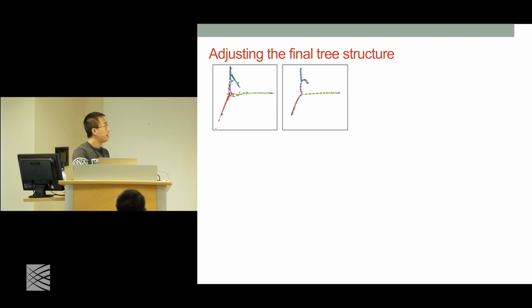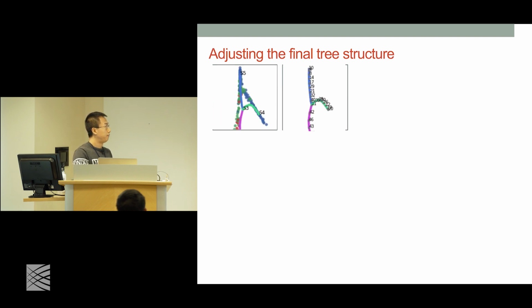But if we zoom in, the figure on the left is the principal graph with all of the cells, and the one on the right is the same graph, just not showing all of the cells. Instead, I'm showing all of the nodes and the edges.